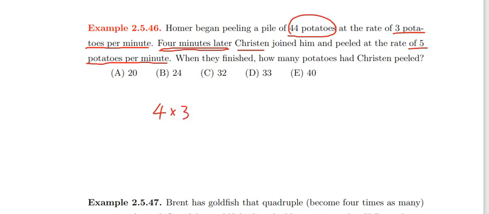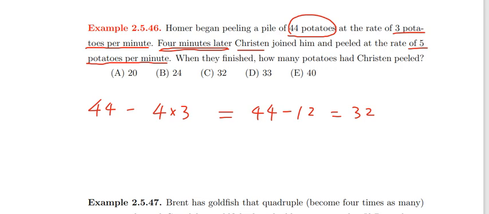So how many are left, right? Let's say 44 minus 12 equals 32. So by now we have 32 potatoes that need to be peeled. So now the two of them do the job together.